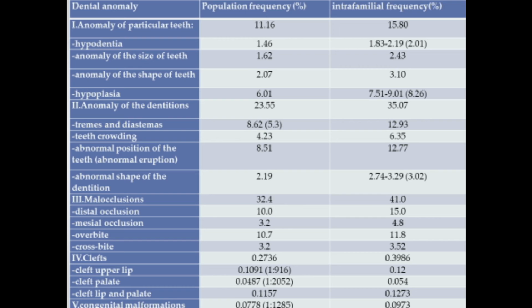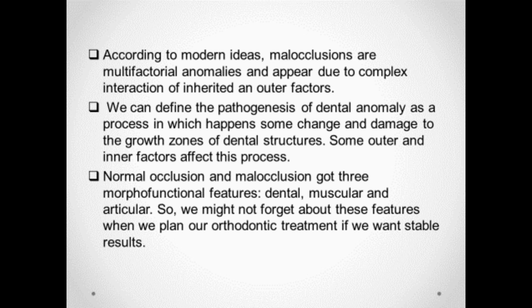He calculated the intrafamilial inbreeding ratio for every single dental pathology. According to modern ideas, malocclusions are multifactorial anomalies and appear due to a complex interaction of inherited and outer factors. What occlusion type the patient would have depends on many inner and outer factors.